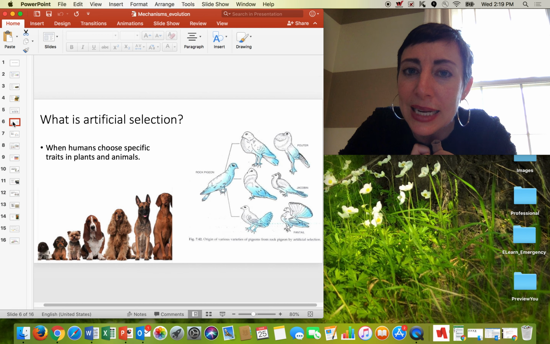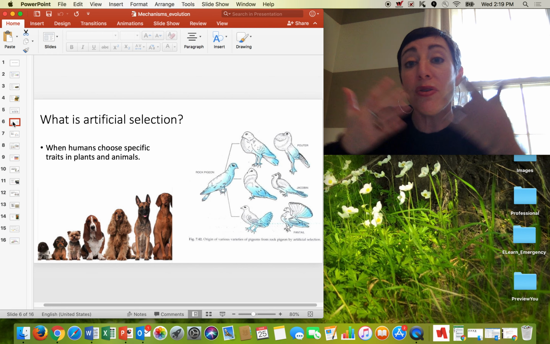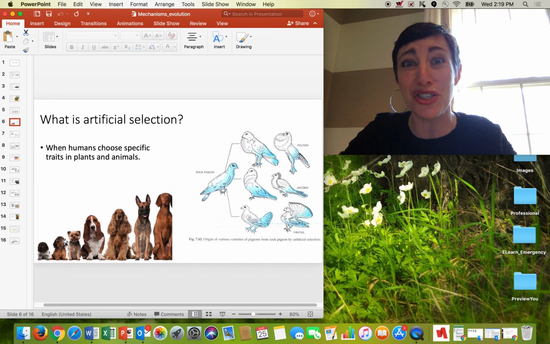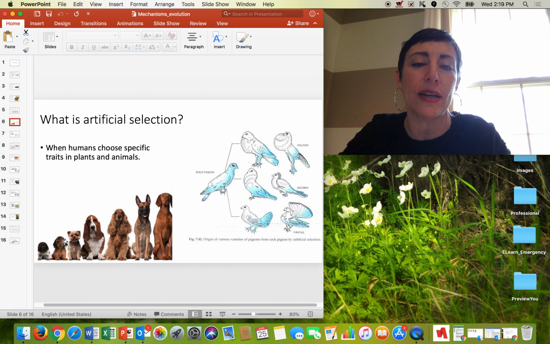This is inbreeding, but we've done it for thousands and thousands of years, and certainly we've done it when we got all these different breeds of dogs. So now we've got tiny little Chihuahuas, or we've got a big giant Great Dane. We did that through our own artificial selection, breeding for certain traits.